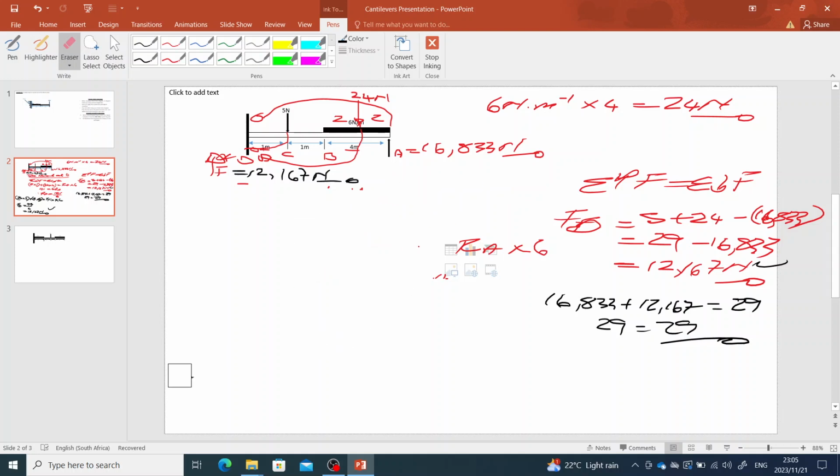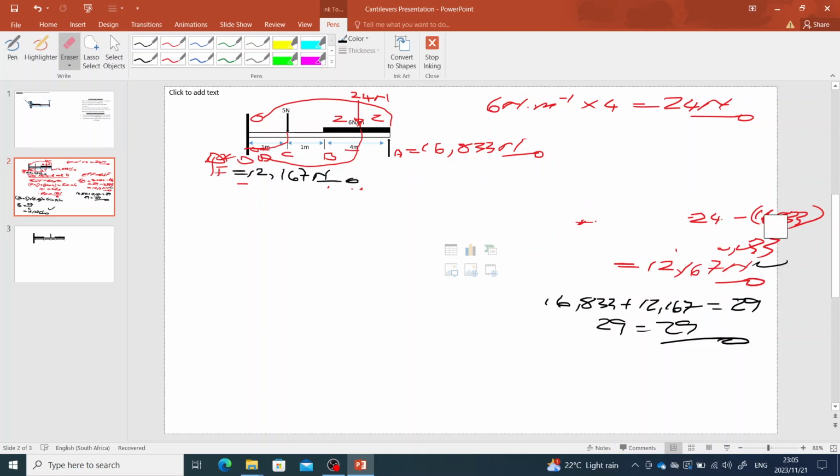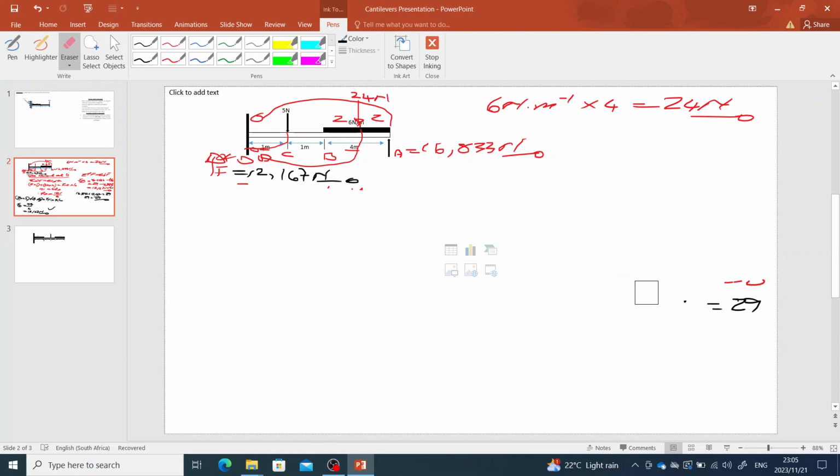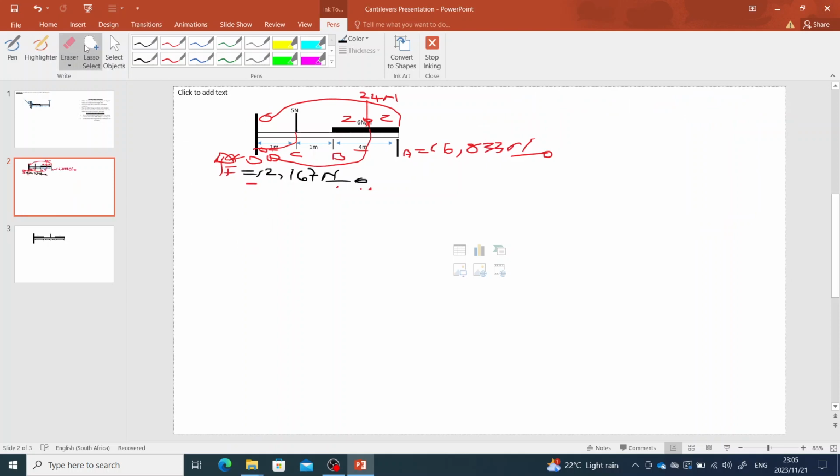We now know that on the right hand side of that cantilever, we need 16,833 force. Then on the fixed point, we need the force of 12,167.